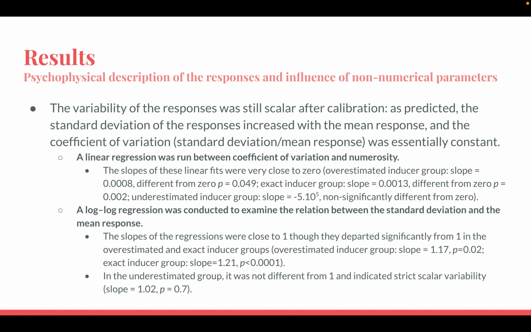The slopes of the regressions were close to 1, though they departed significantly from 1 in the overestimated and excess-induced groups. In the underestimated group, however, it was not different from 1 and indicated strict scalar variability. So we can conclude that scalar variability is approximately but not always perfectly verified in the dataset.